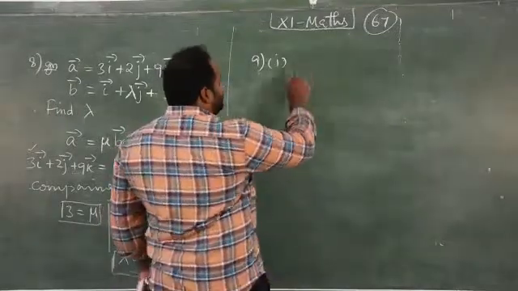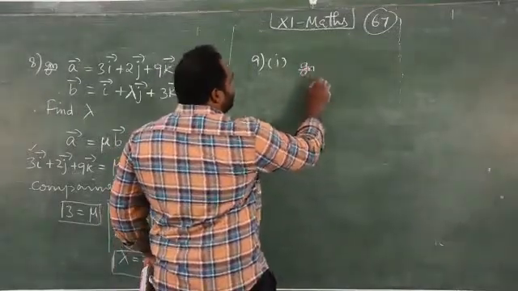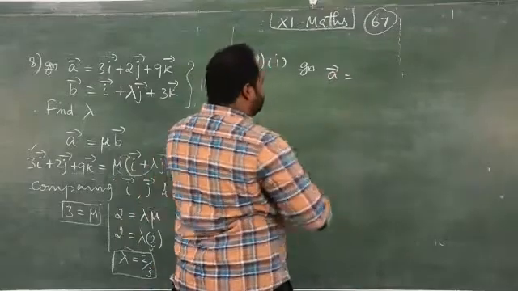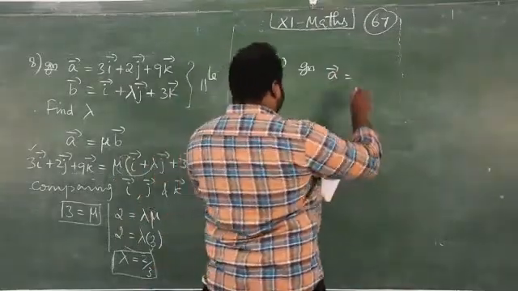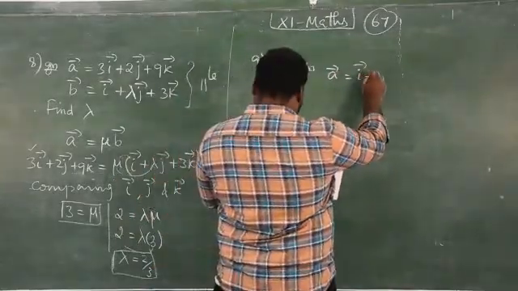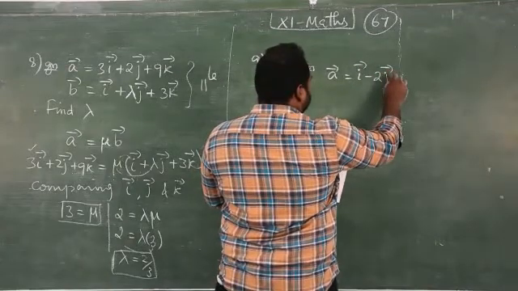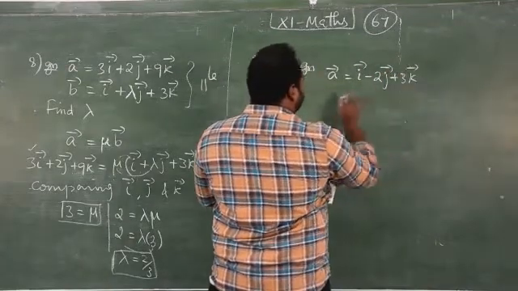So I am going to write the given: first, A vector is i vector minus 2j vector plus 3k vector.